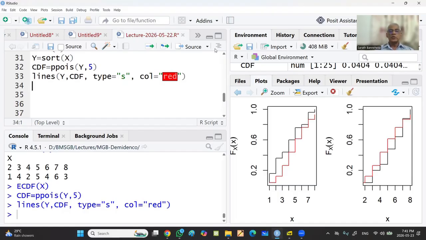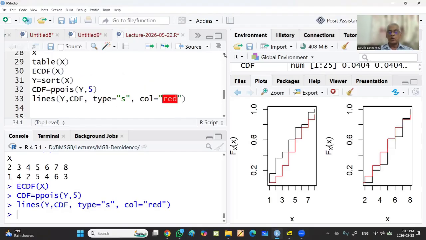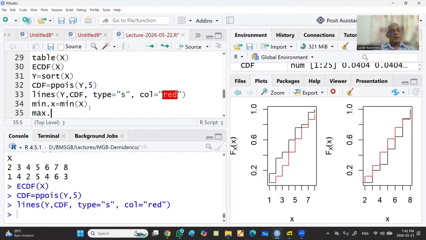But I think it's better to draw the CDF not only at these observed values, because the theoretical CDF can be calculated at any x value. So I will now draw the CDF at all possible x values between the minimum and the maximum of this sample. Let me take the minimum of x to be min.x and the maximum of x to be max.x.